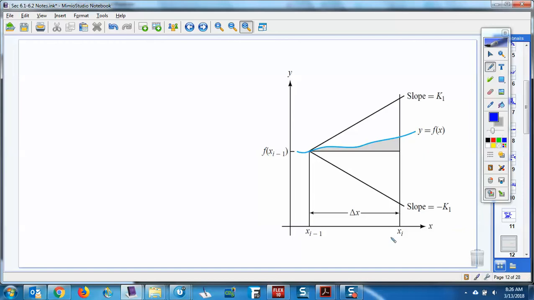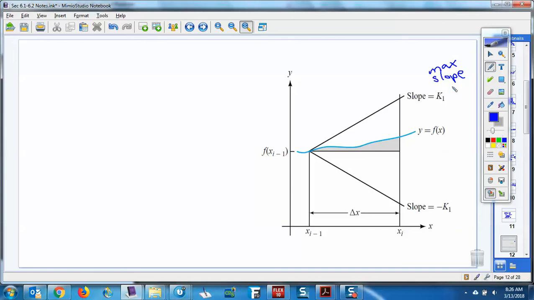We're going to call K1 the max slope. In other words, we find where the derivative is a max. That would be the max slope.